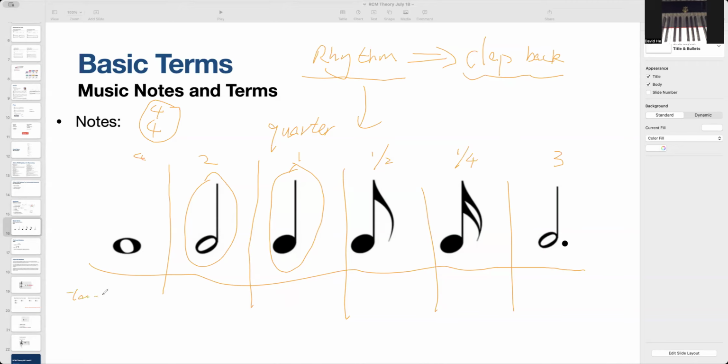We don't have exactly a way to read this one, but if 4 of them are together, it's called tika tika. Tika tika, sorry. And this one's easy, it's ta-a. So that's how we do the first chapter, which is the rhythm.